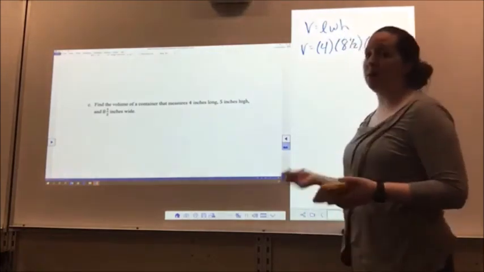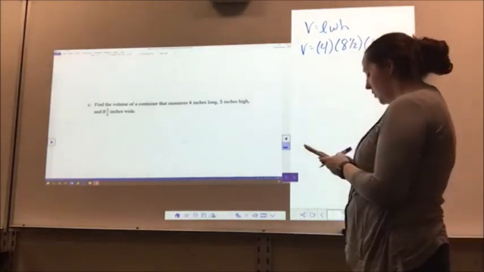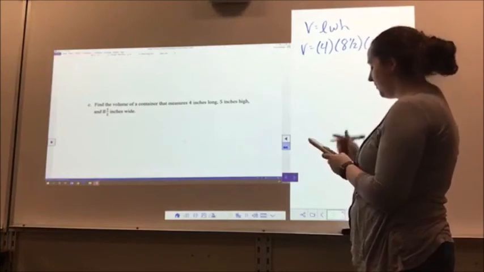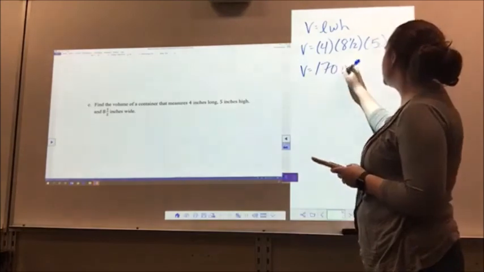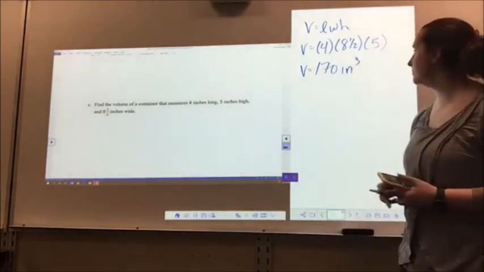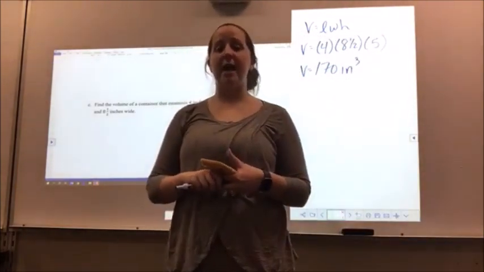Again, doesn't matter which order you put them in. So I multiply 4 times 8.5, times 5. So volume is 170, and they said inches, so it's inches cubed or cubic inches. And that is the end of Chapter 10, Lesson 1.